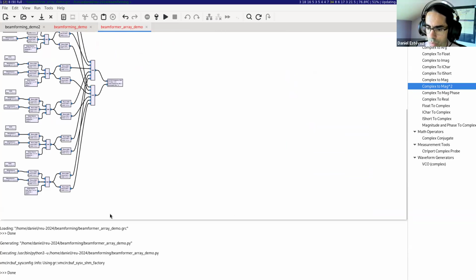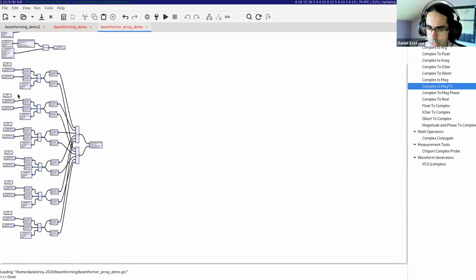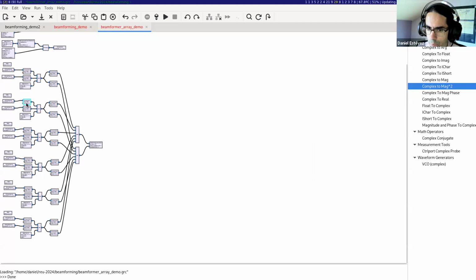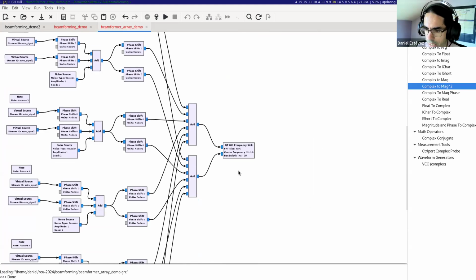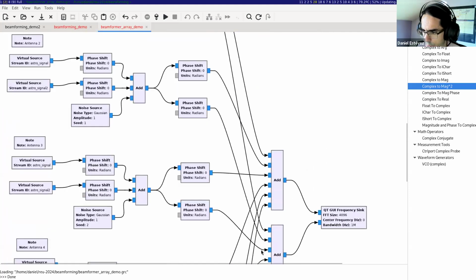If I zoom out all the way, you can see I have this structure with 6 antennas which are identical except for the parameters here: 0, 1, 2, 3, 4, and 5, for the antenna separation.